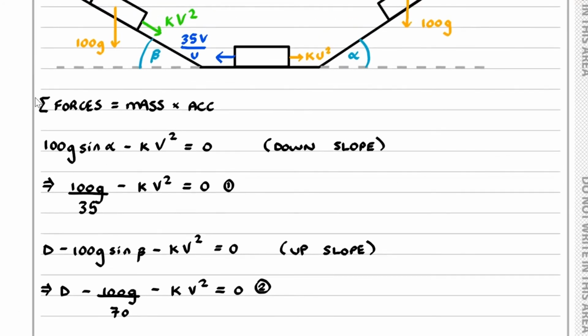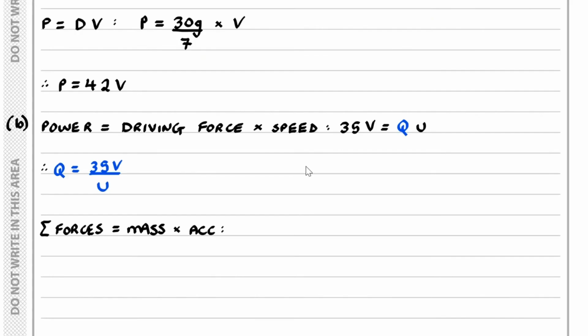And again, what we can use here is the fact that the sum of the forces is equal to mass times acceleration. So we have 35V over U, and then we subtract K U squared.